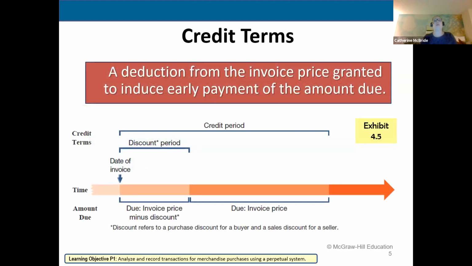Now let's talk about credit terms. When we pay for that inventory, sometimes we'll pay the full amount, but sometimes you'll have an invoice that'll say like 2/10 net 30, or 2/15 net 30, or 3/10 net 45. What that means is the seller is giving a discount for paying more quickly, and the reason they would do this is to improve their cash flows.